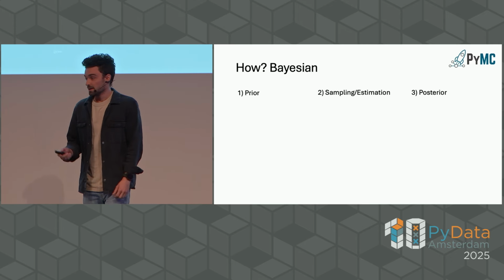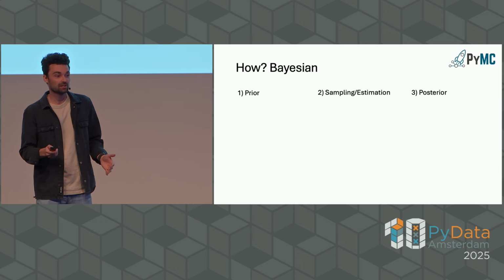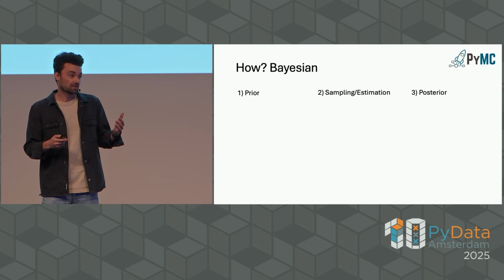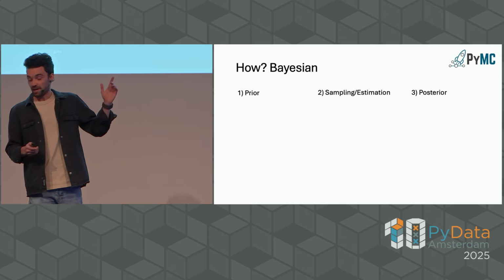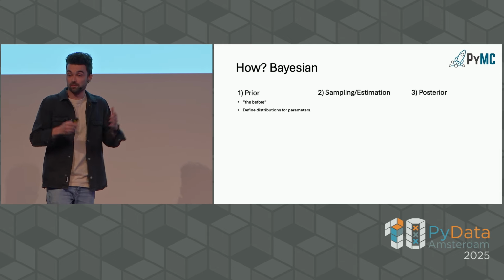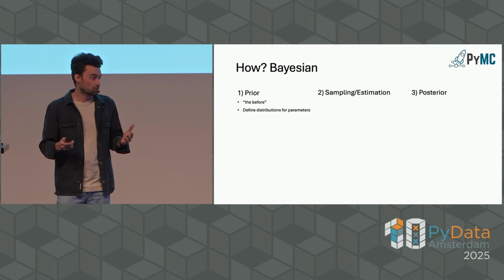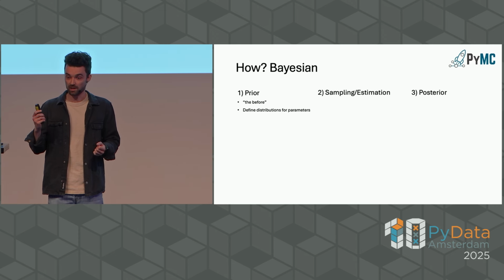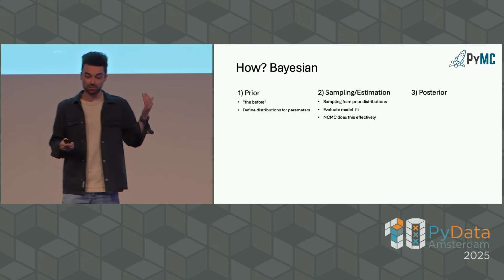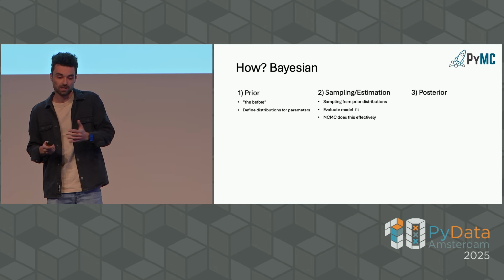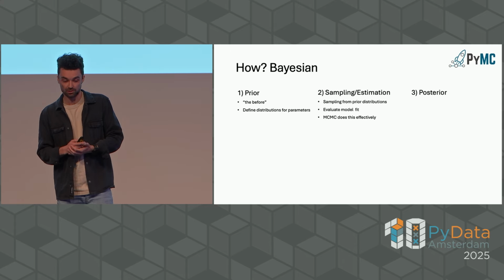So, Bayesian. This is not going to be a talk on the fundamentals of Bayesian, but I'm going to use some of its terms, and I think it's good to be familiar with some of them. So we have prior, which is basically the before. It's the distributions that we choose as our starting points. After that, we do sampling or estimation, which is basically sampling from this prior distribution to evaluate the model fit and so learn the distributions.